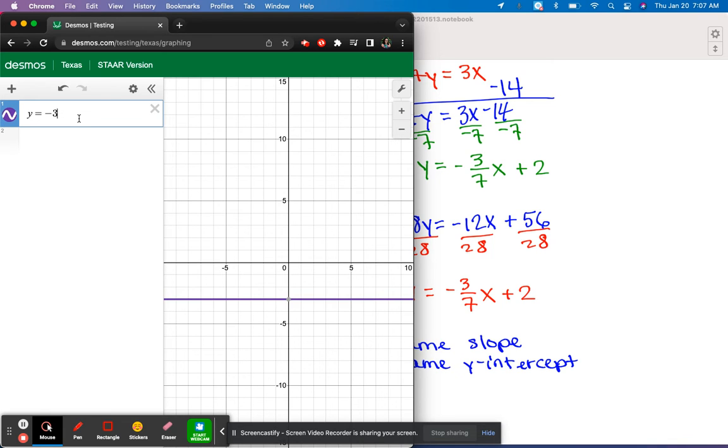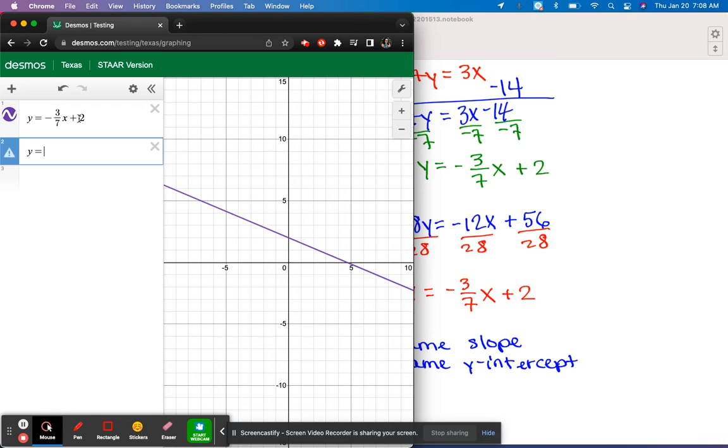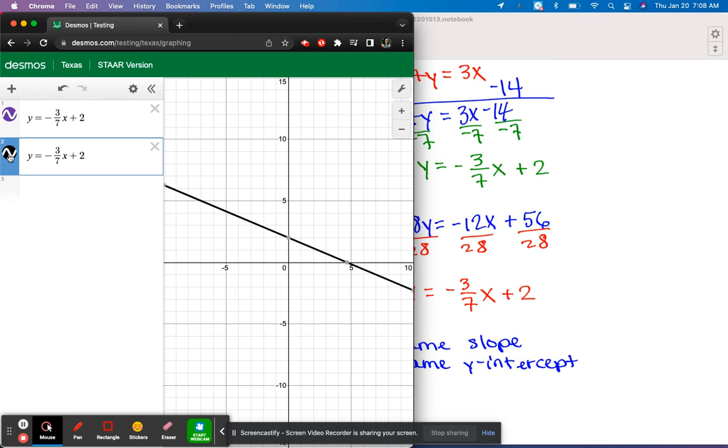So y equals negative 3 divided by 7 x plus 2, y equals negative 3 divided by 7 x plus 2. Again, both of these equations are right on top of each other, which means they share an infinite amount of points.